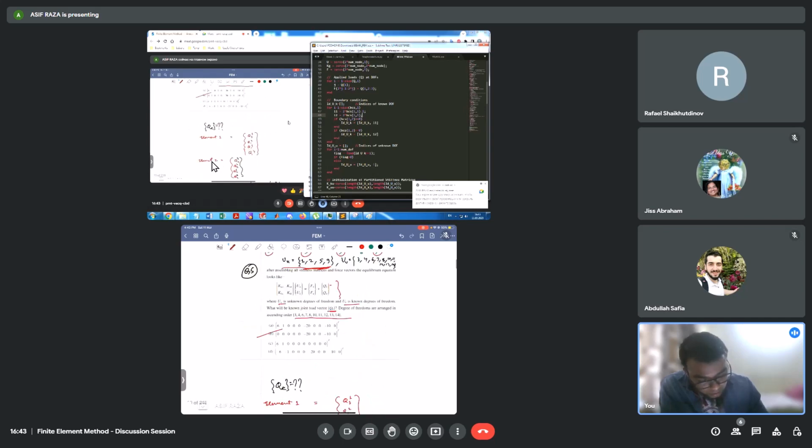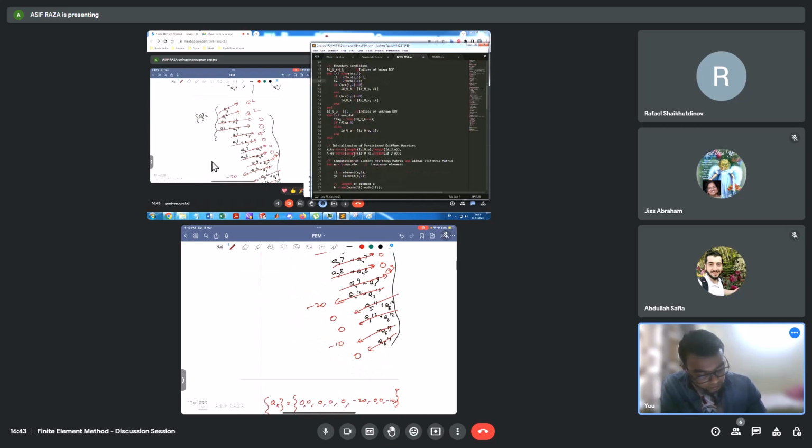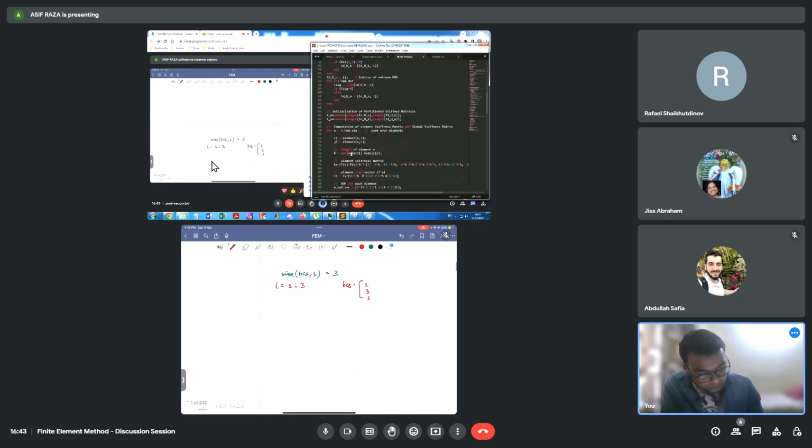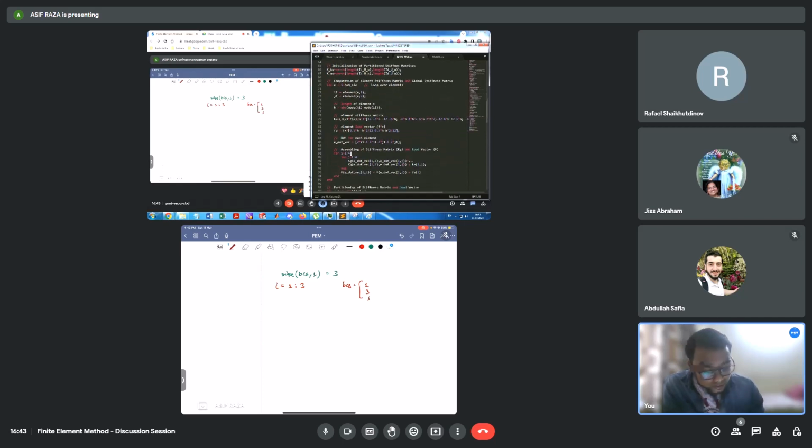This one was constrained, so it was 0 0. This one was constrained, so it was 0 1 and 0 1.